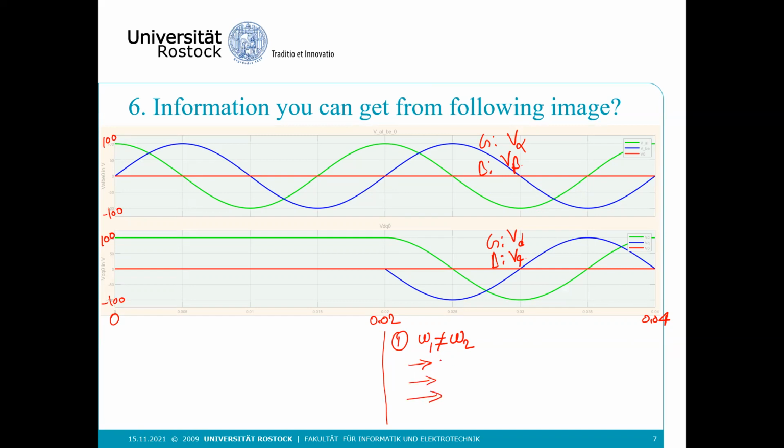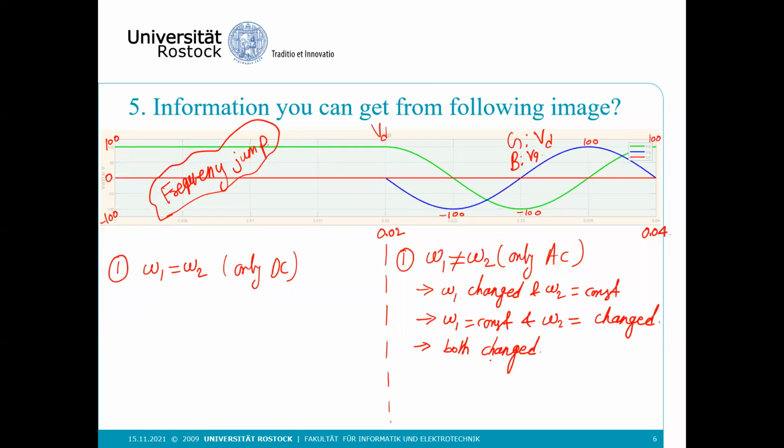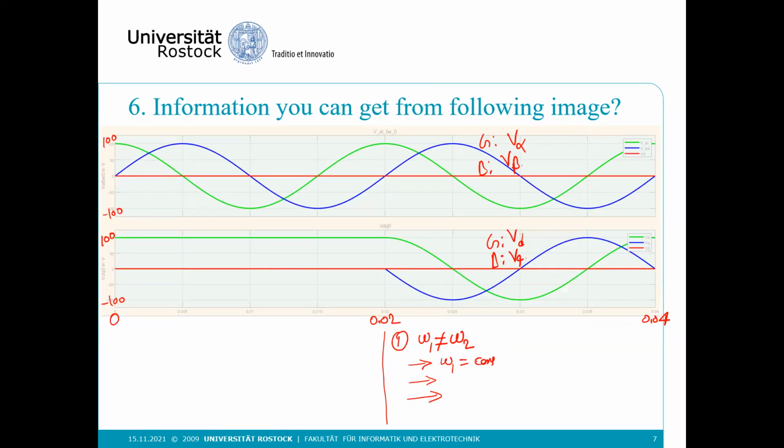Omega 1 changed and omega 2 constant; omega 1 constant and omega 2 changed; and omega 1 and omega 2 both changed. And let's say none. Which option do you think is correct?